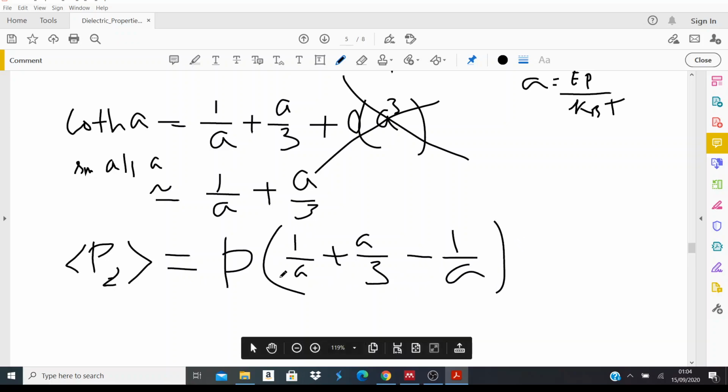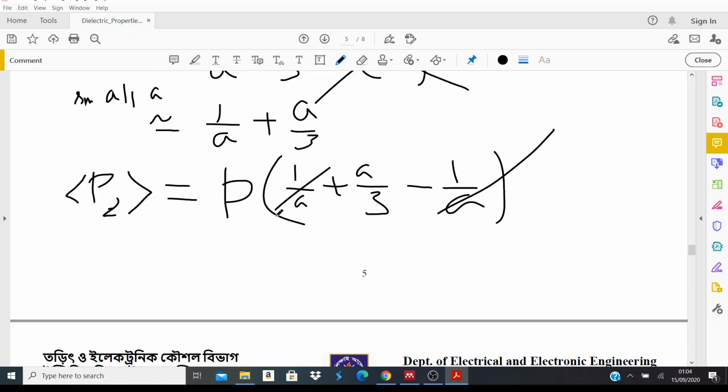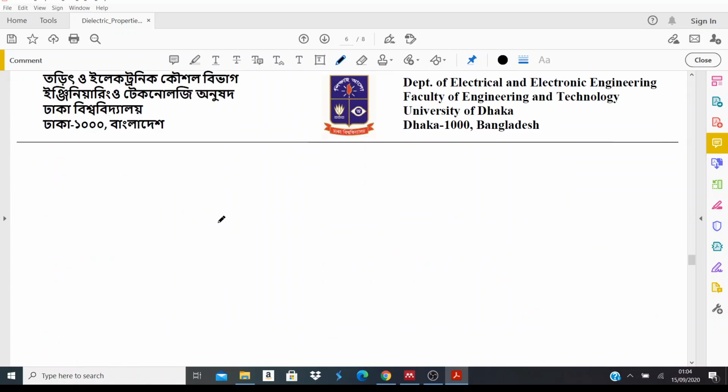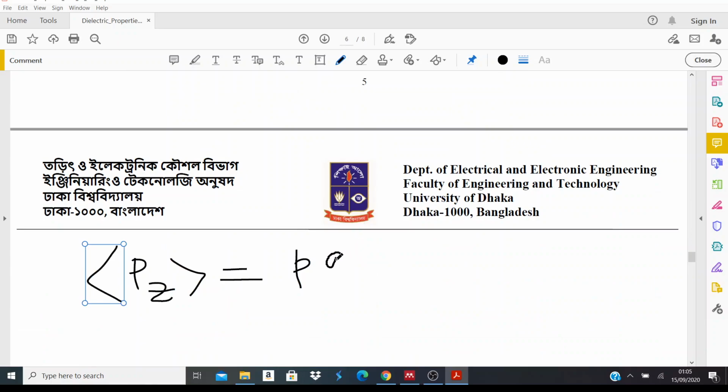So this a and this a cancel, and we have pa by 3. So the average moment along the z direction is p times a by 3.